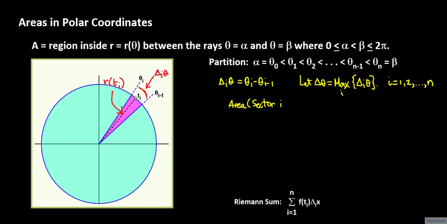We have already pointed out that the central angle for sector I is delta sub I theta. On the other hand, the whole circle corresponds to a full revolution. That means the central angle for the circle is 2 pi.